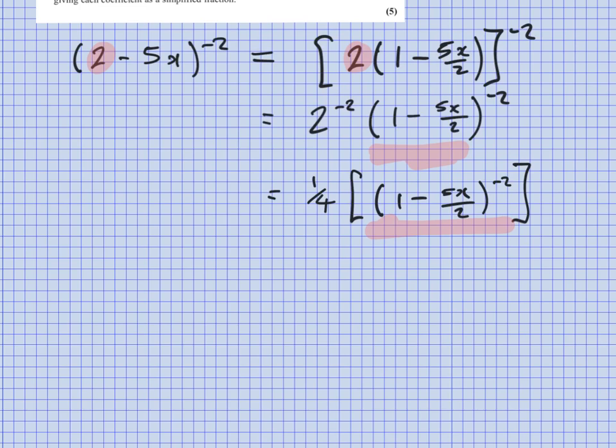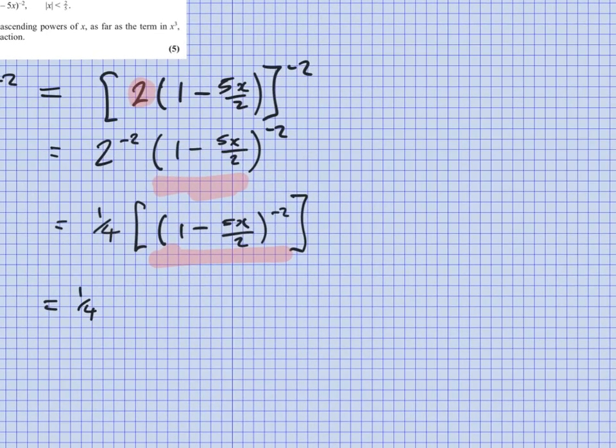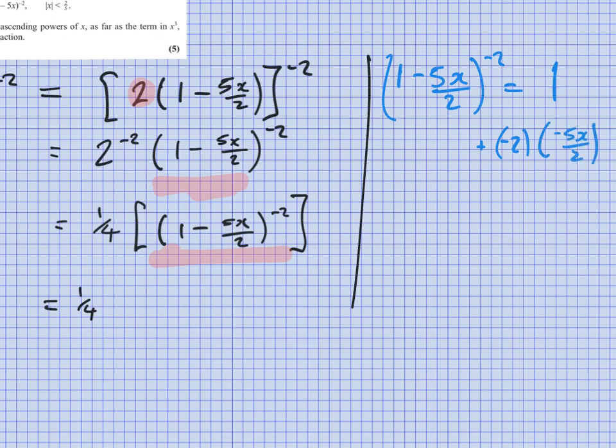Okay, so let's go through and try that. So this will equal a quarter of, I think I'm going to do the workings separately over here. So let's consider 1 minus 5x over 2 to the minus 2. That's going to equal 1, we know that's the first term, plus minus 2 times minus 5x over 2.